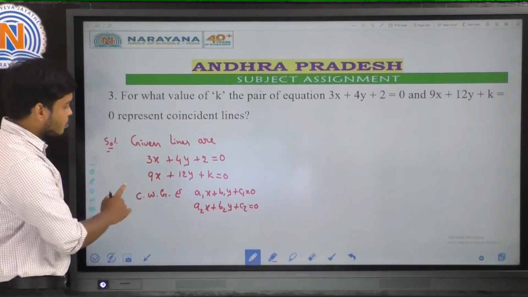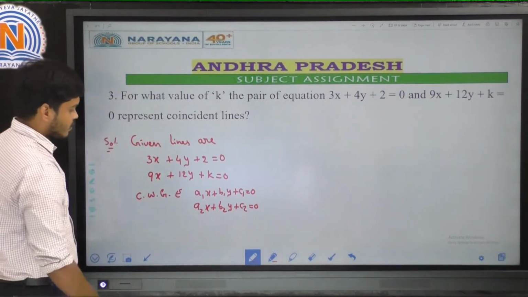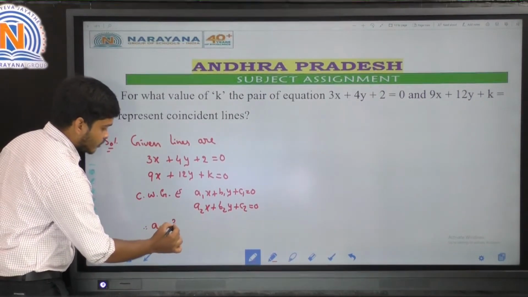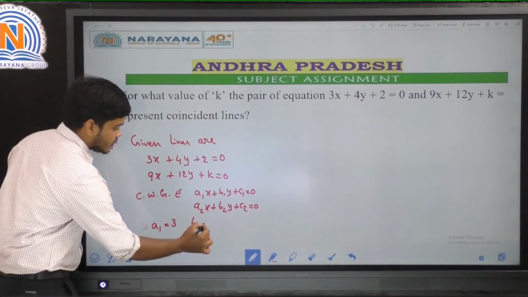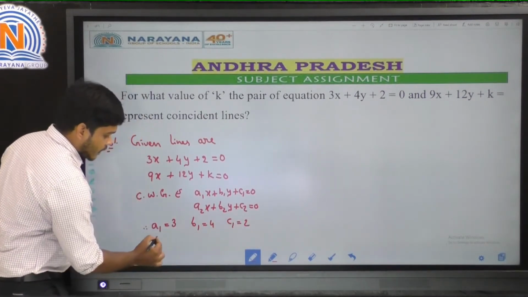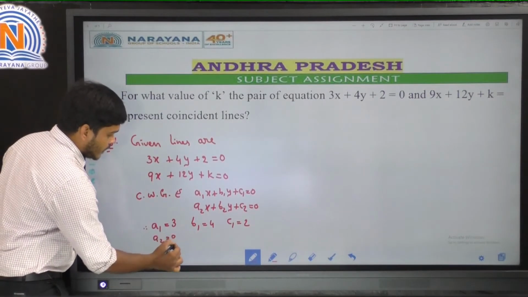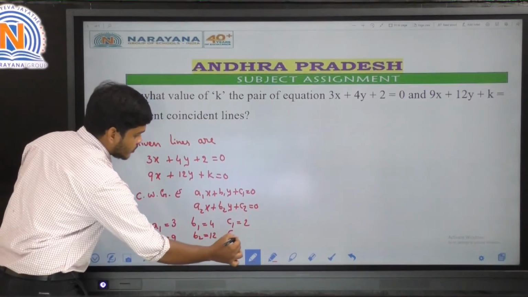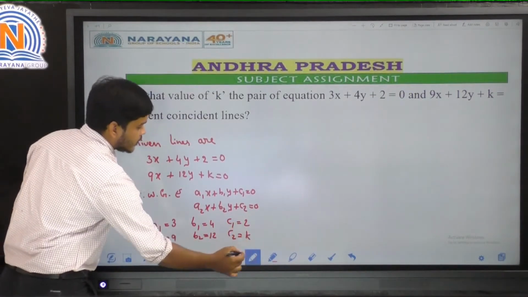See, compare these two and write the coefficients. What are the coefficients we have? a1 is equal to 3, b1 is equal to 4 and c1 is equal to 2. Now a2 is equal to 9, b2 is equal to 12 and c2 is equal to k.